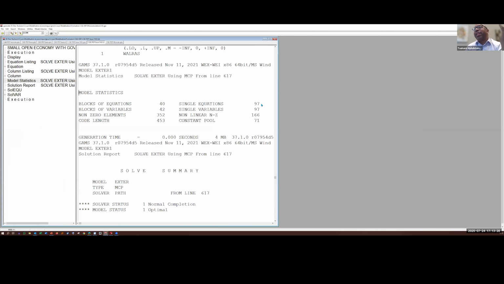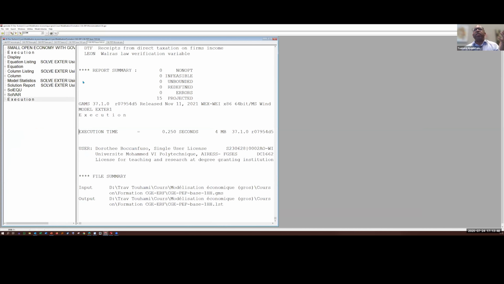It's smaller than the previous one. Do you have a question? The number of equations and the number of variables is reduced, because before we had two categories of households. Here we have one category of households, and we have all the solution and variables we want to see, etc. We can see the Leon here also. Maybe.